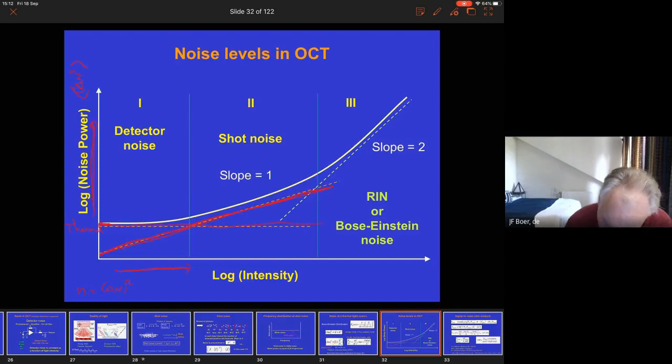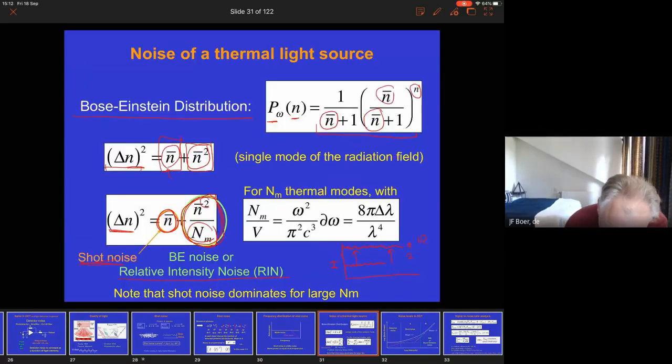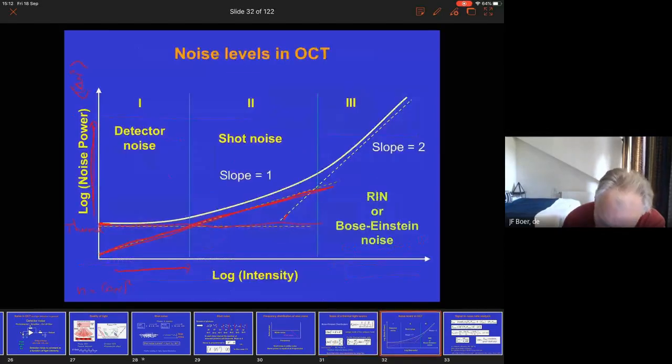And the thermal noise, sorry, the Bose-Einstein noise, that one increased with the square of the mean N. So there, N squared is equal to delta N squared.